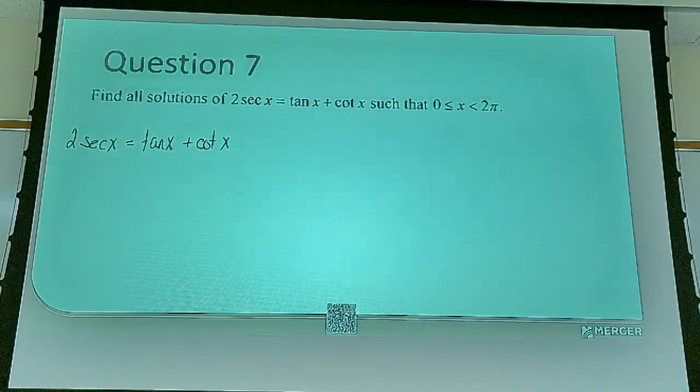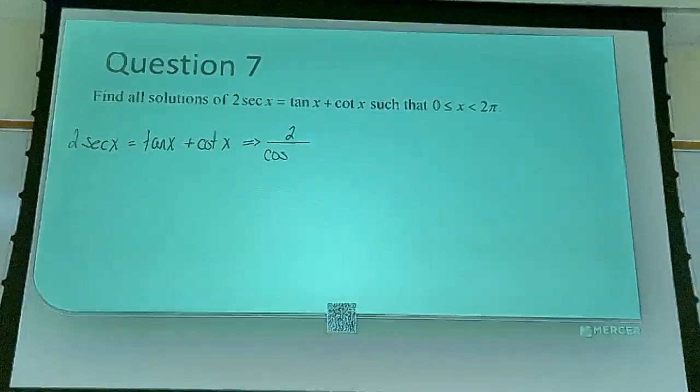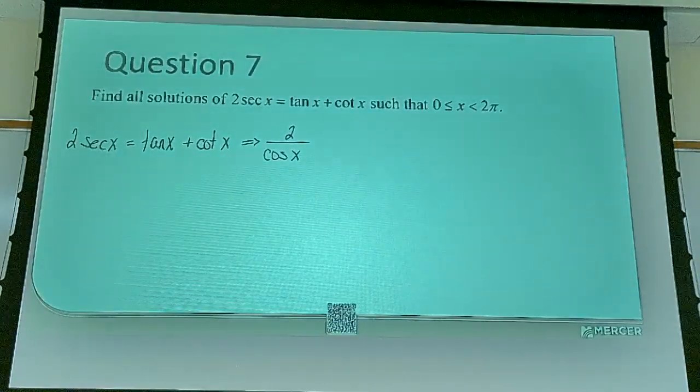When in doubt, write everything in terms of sine and cosine. Secant is 1 over cosine. Tangent is sine over cosine.